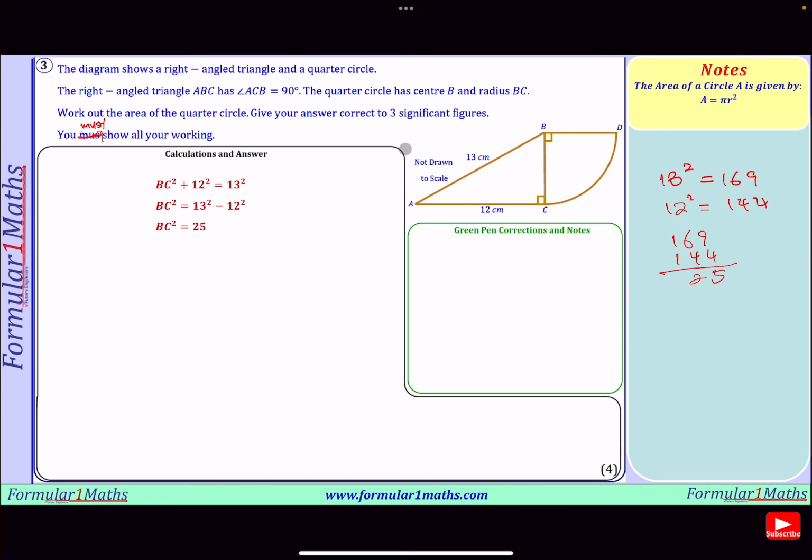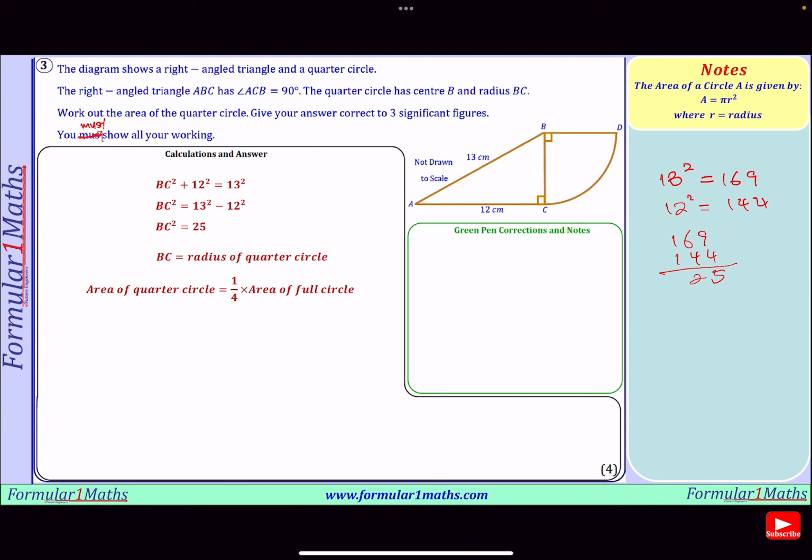Now, the area of a circle A is given by A is equal to pi r squared, where pi is 22/7 or 3.14, and r is the radius. In this case, we know that the radius is BC. So we know that BC is the radius of the quarter circle. But the area of the quarter circle will be a quarter of the full circle.